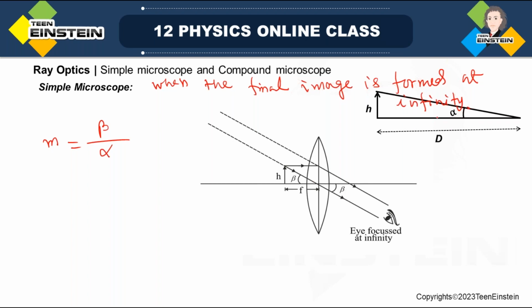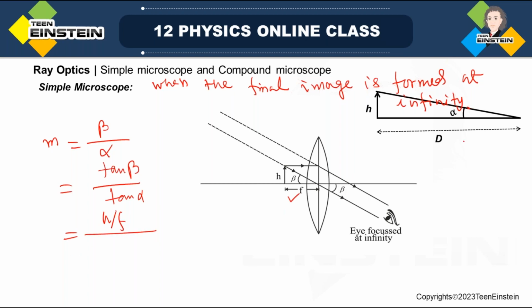So this is the angle. So I can write this as tan beta by tan alpha. So what can we write for tan beta? Tan beta, from here itself, we can write h by f.